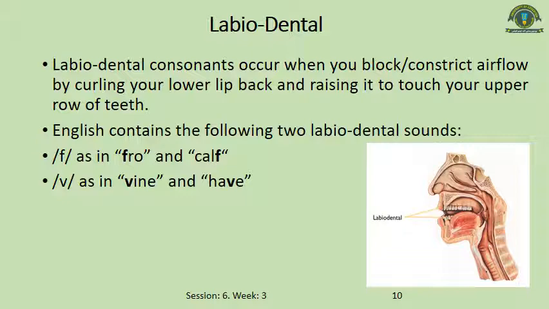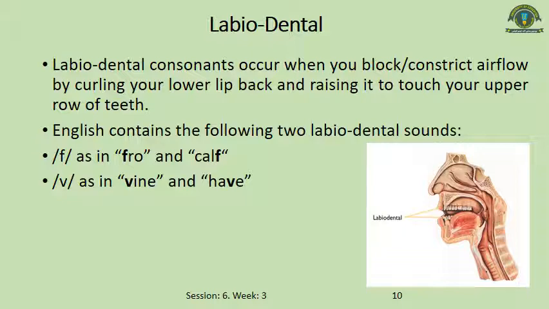Labiodental. F, V. So what happens? It happens when the airflow is blocked, constricted. Where? By curling your lower lip back and raising it to touch your upper row of teeth. So this is what I said: upper teeth, lower lip.